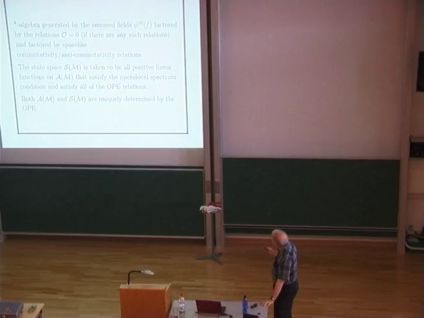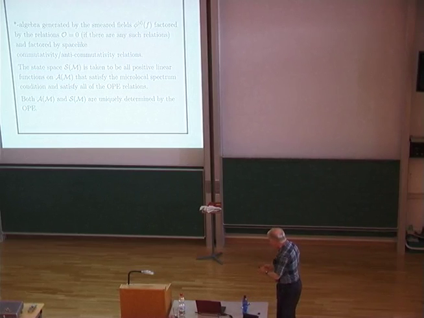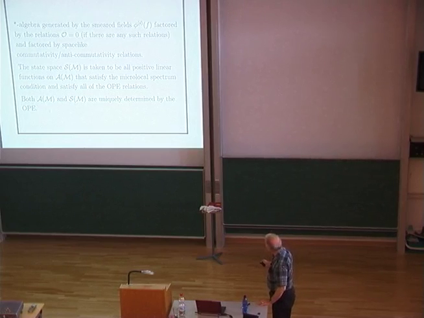The state space then is taken to be, as usual, positive linear functionals, but we also impose the microlocal spectrum condition on the states, and we, of course, demand that the distributions we get by applying the states satisfy the OPE relations. The point is that everything is then uniquely determined by the operator product expansion.